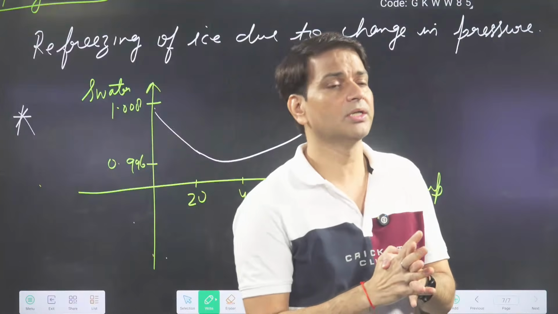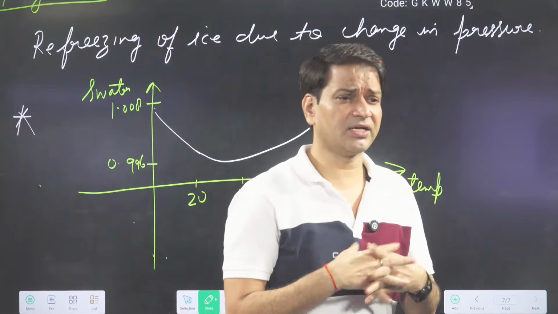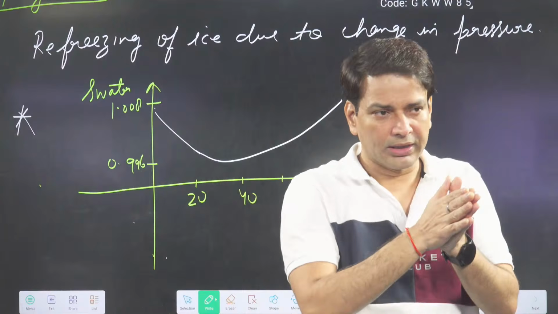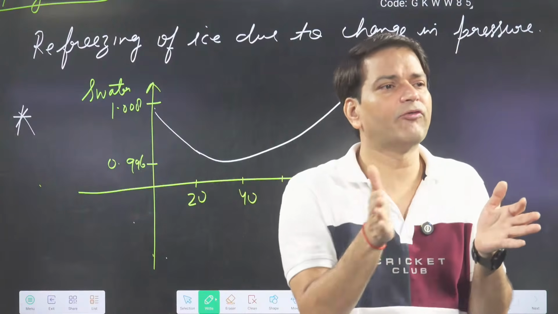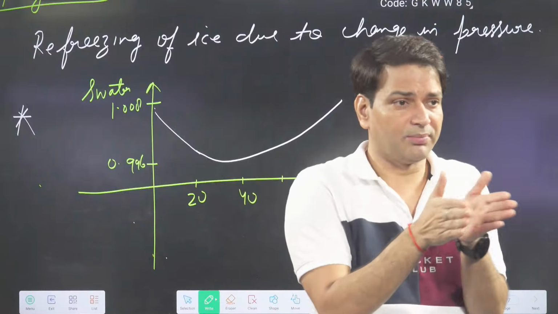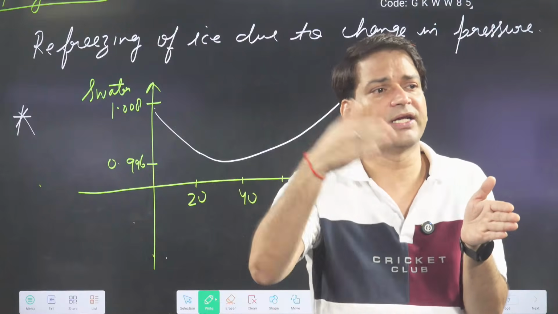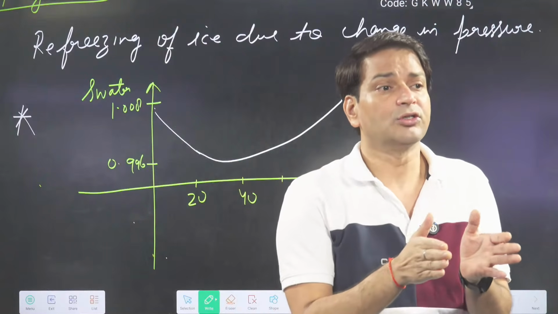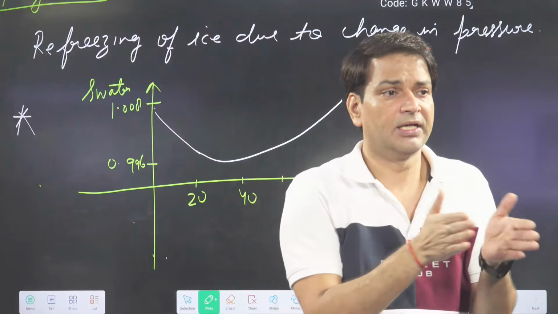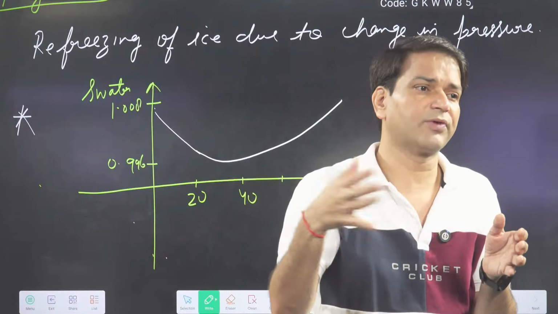Everybody got this? And conduction is what? In conduction, molecules do not transfer; they vibrate, because everything in the universe is vibrating. By vibration they transfer energy to the next molecule. So in conduction, the molecule or atom does not move permanently; only by vibration are they transferring the energy.